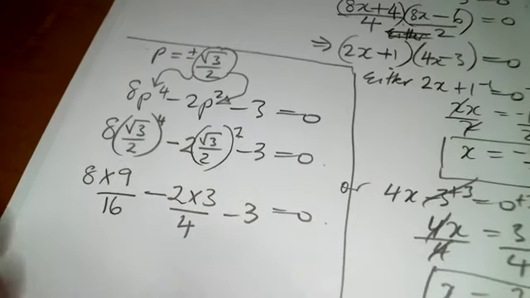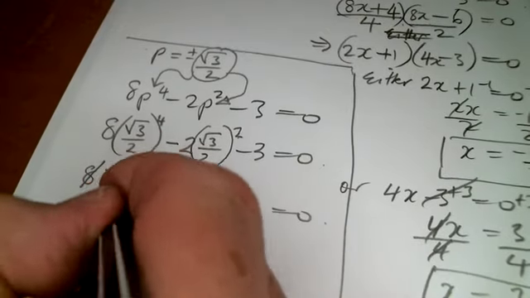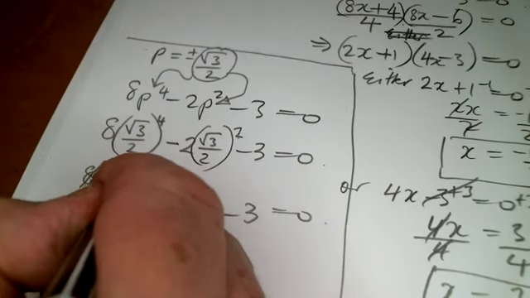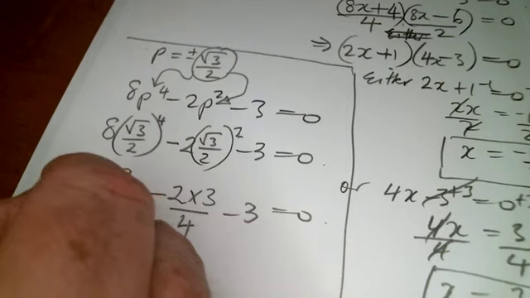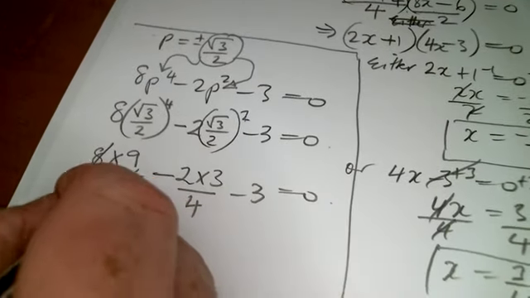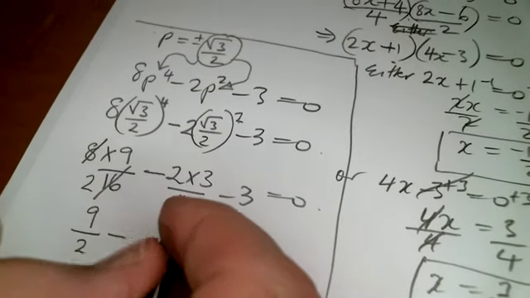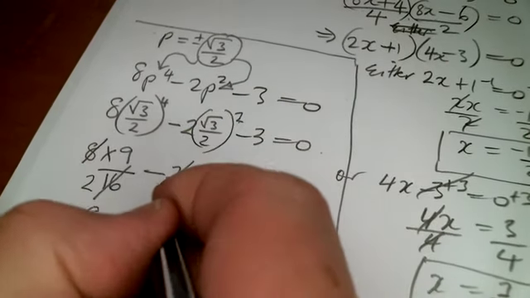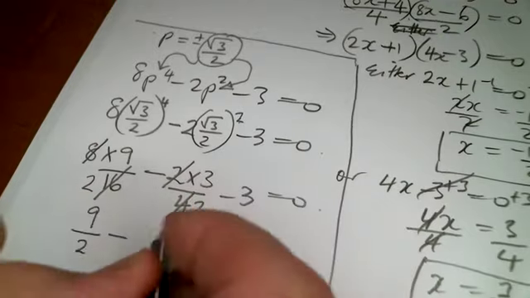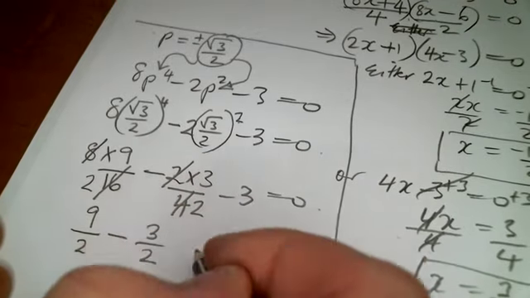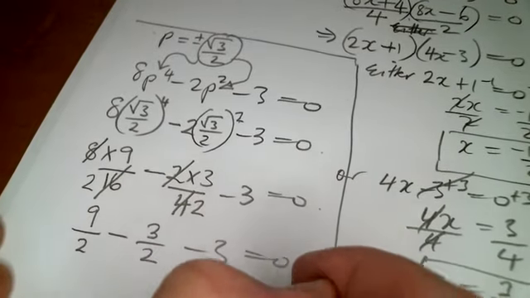Does that work? Well, I can divide this by 8 and divide that by 8, leaving me with 2, so I've got 9 on 2 minus, and I can divide this by 2 and this by 2, leaving me with 3 on 2, minus 3 is equal to 0.